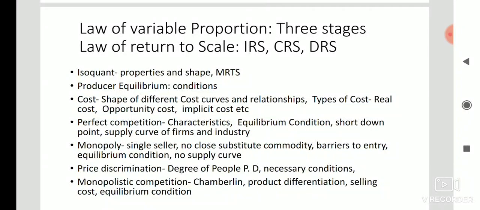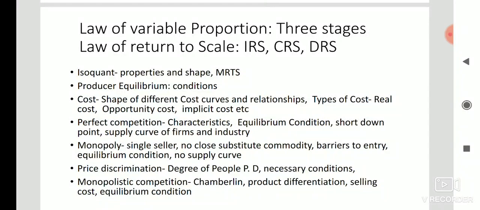Then the next one is cost, theory of cost. Now coming to theory of cost, most of the time questions come related to the shape of different cost curves and their interrelationship. And as we know, total cost is the combination of total fixed cost and total variable cost, and the total fixed cost is a straight line parallel to the output axis.